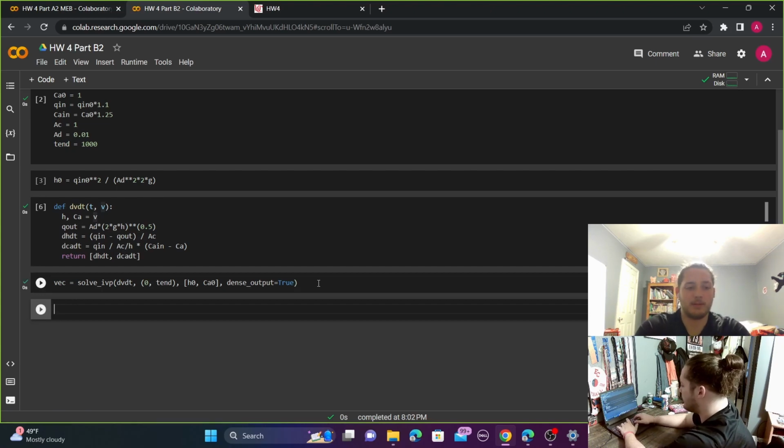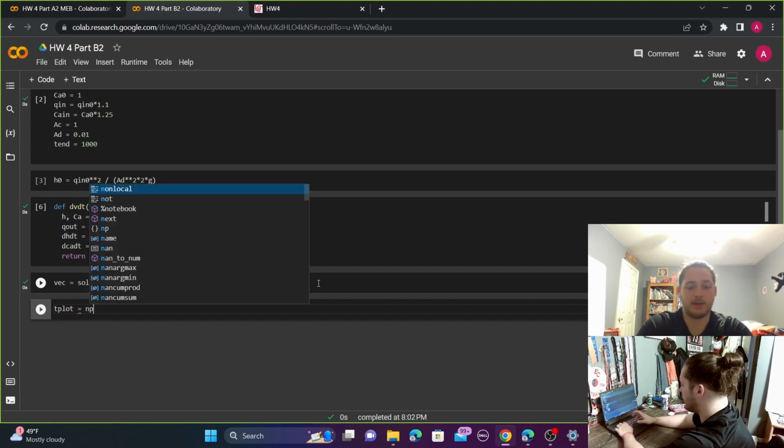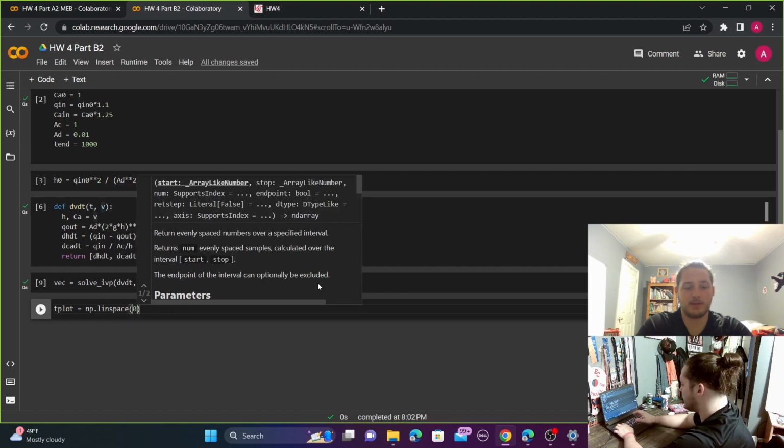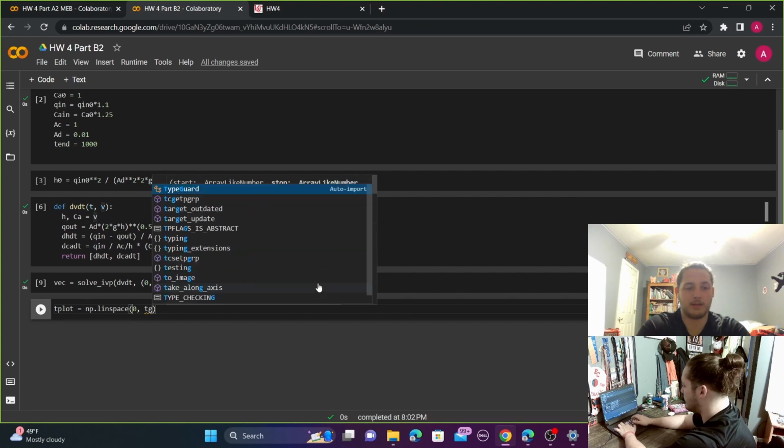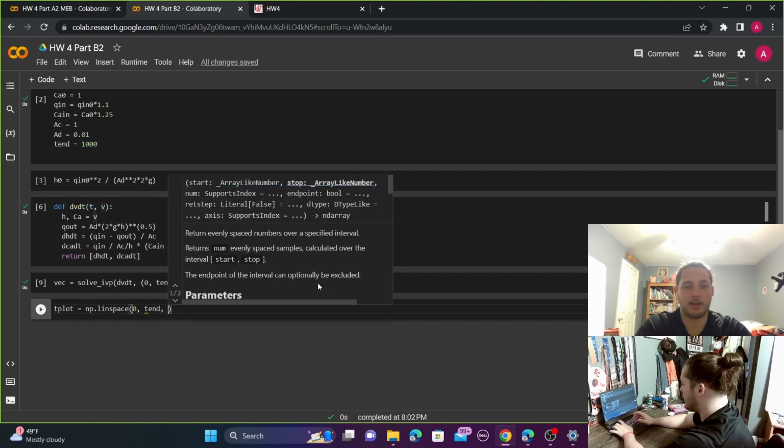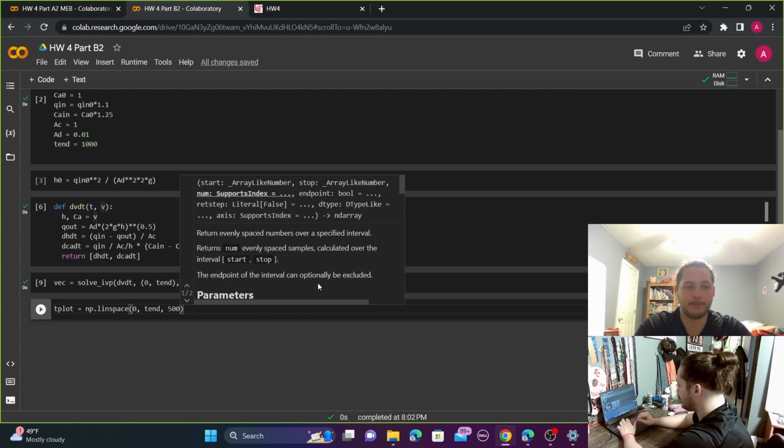Now we are going to want to set up our plot as we did, and we are going to use np.linspace, and we are going to 0 to t end, and we will want it to go to 500.